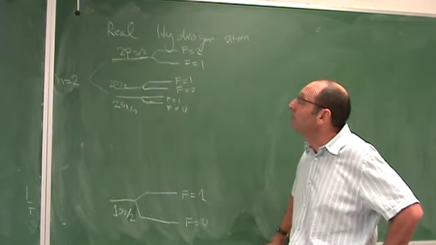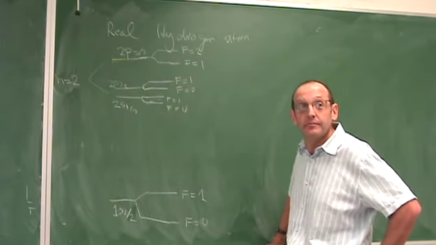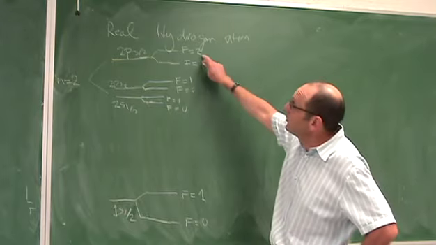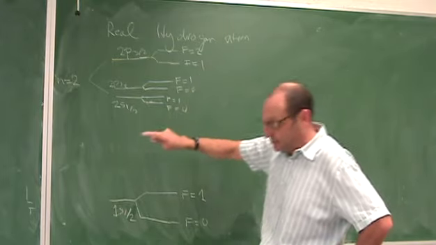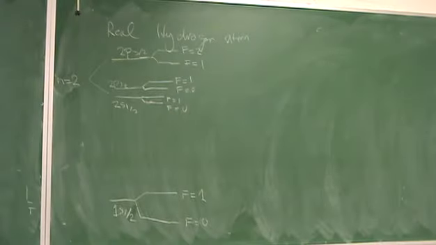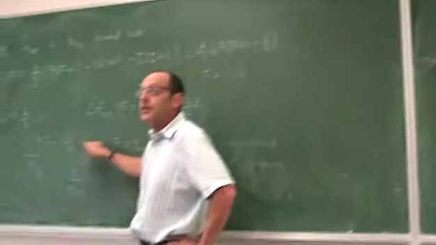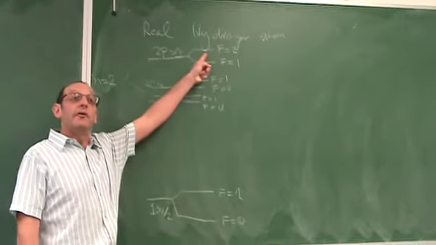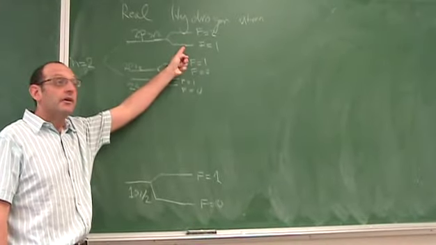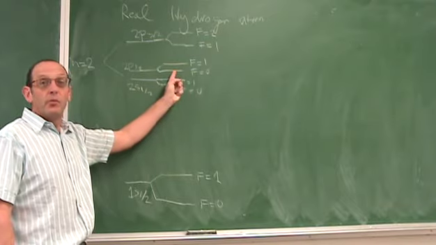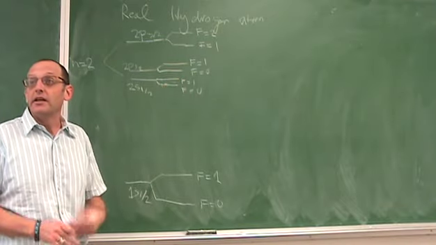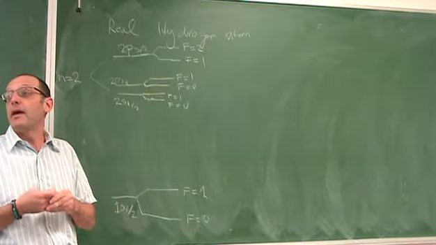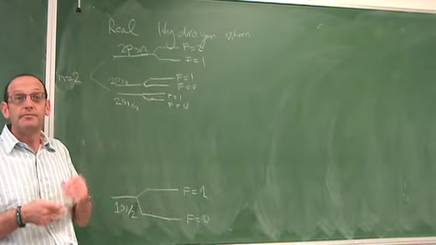Could be factors of 20, sort of depends on the alkali. And then, of course, each one of these states has m sub F magnetic sublevels within them. In this case, I would have a 5-fold degenerate manifold, a 3-fold, 1-fold, etc. And those levels could be split in the presence of a magnetic field, for example.